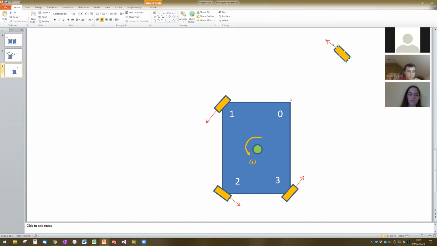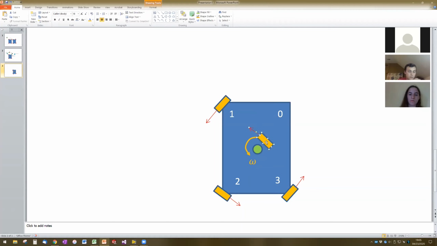Smaller diameter equals less speed, and presumably large diameter equals greater speed. So he's right. If you're putting your wheel very far away from your center of rotation, you're going to end up rotating at the center of the robot a lot faster than if your wheel was hanging out very close to the center of rotation.